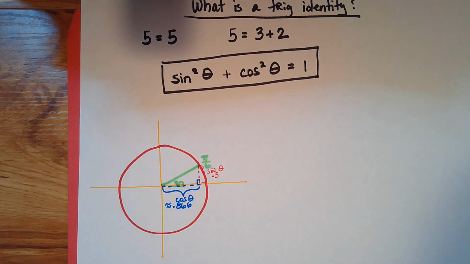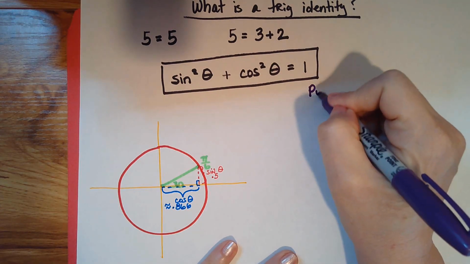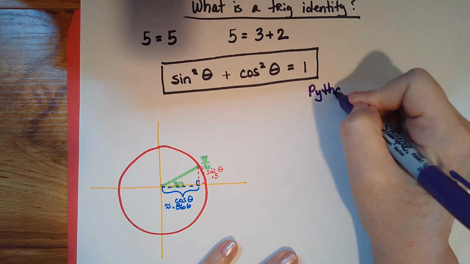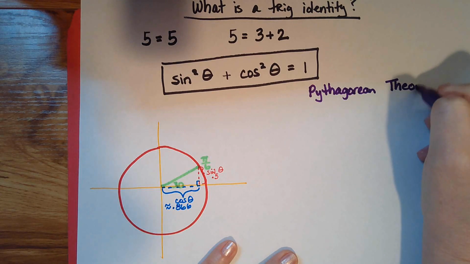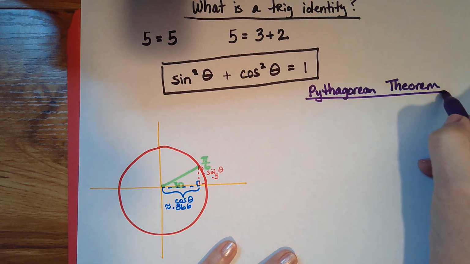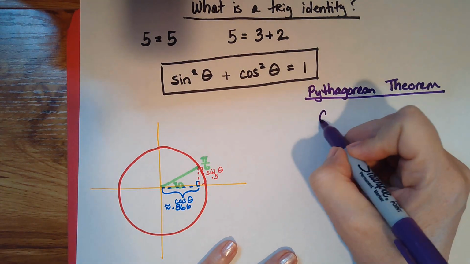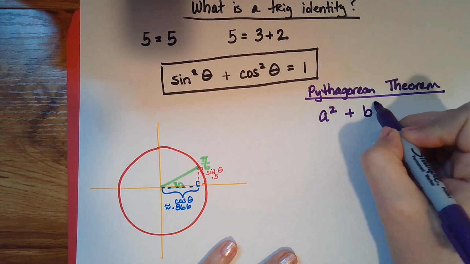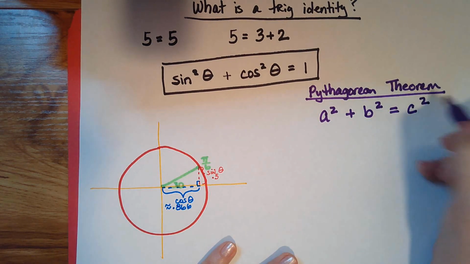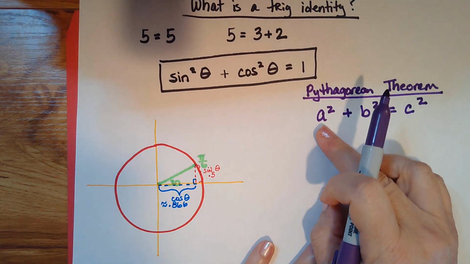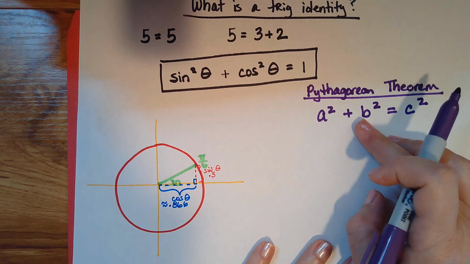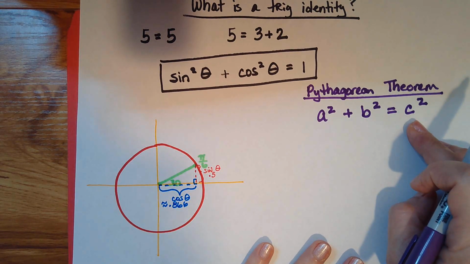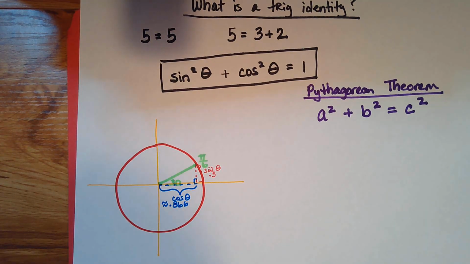We still don't know where this came from. So let's think about another of our favorite mathematicians, Pythagoras. If you recall, Pythagoras wrote a very famous theorem, a squared plus b squared equals c squared, where A is one side of the right triangle, B is the other side of the right triangle, and C is the hypotenuse of the right triangle.